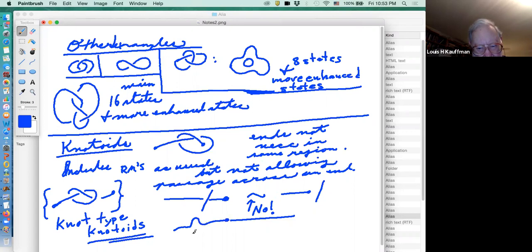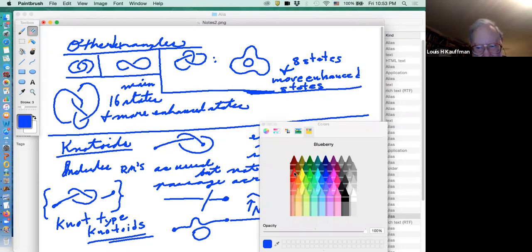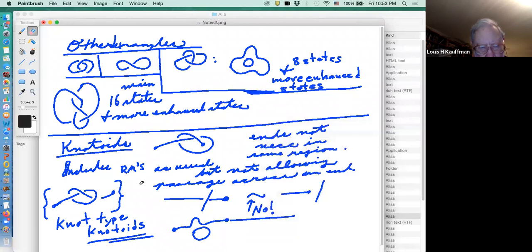So it might be looking like that, right? That's what a bracket state of a knotoid would look like. That's the A state of that knotoid.